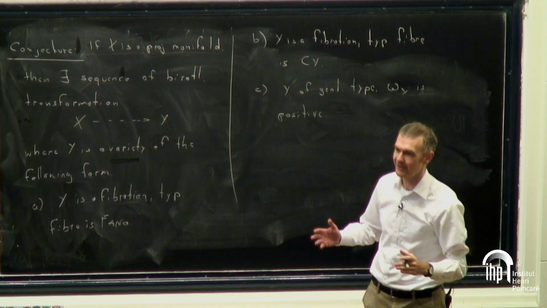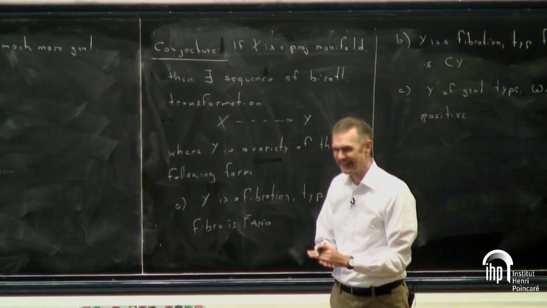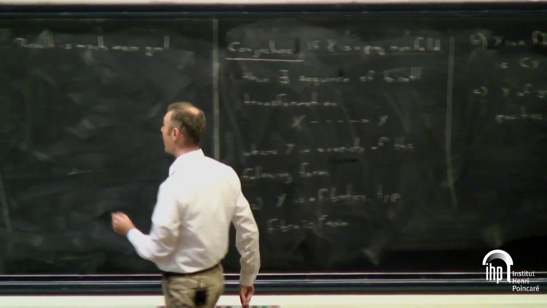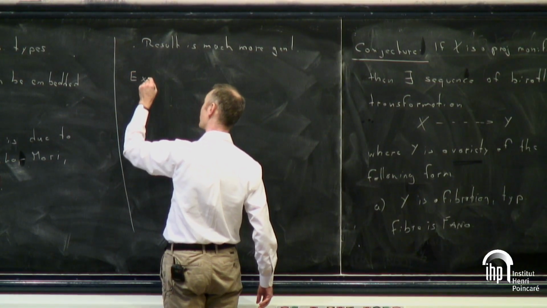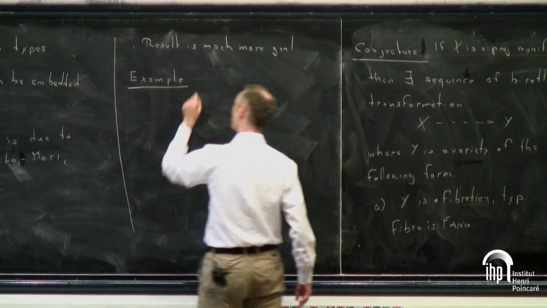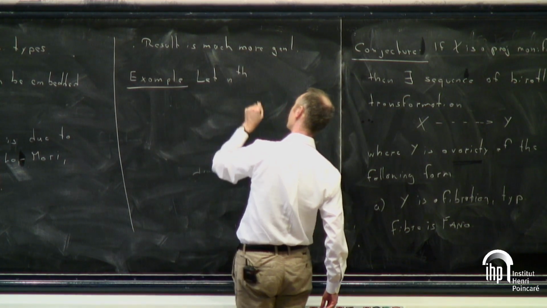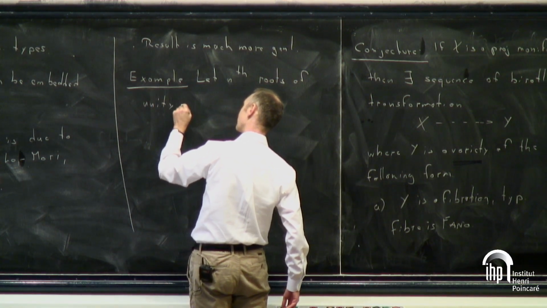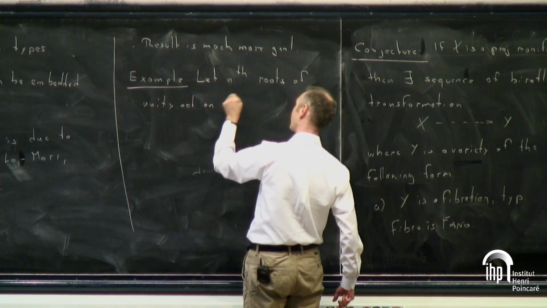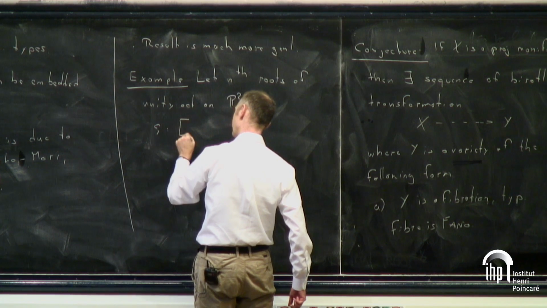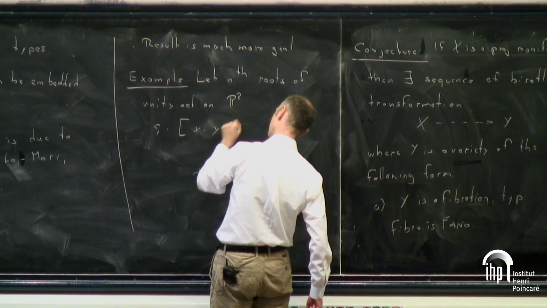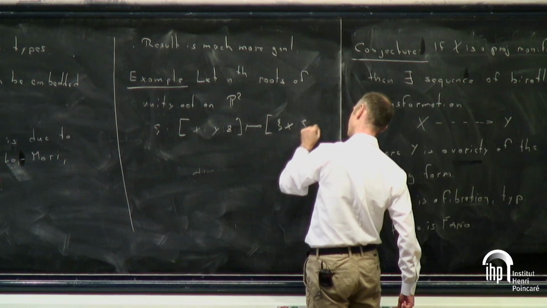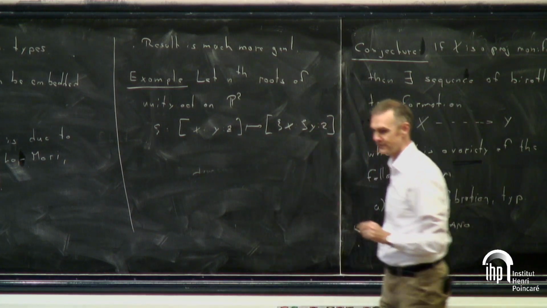However, let me show a silly little example to illustrate that some assumptions on the singularities are actually required. So maybe an example or a non-example, I don't know. I let the nth roots of unity act on P2 via the simplest action I can imagine, multiplication in the first two coordinates.